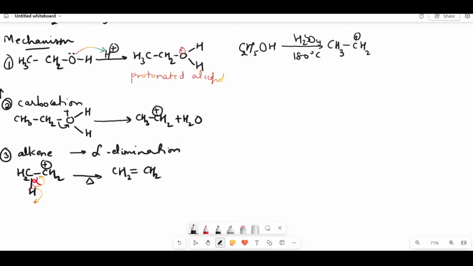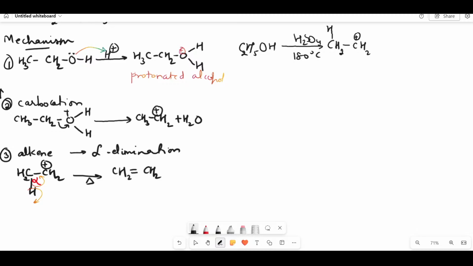So now I'll open it, I'll write it like this: CH3, I will put one H here and one H here. So I'm writing it like this. This is CH3 and this is CH2.